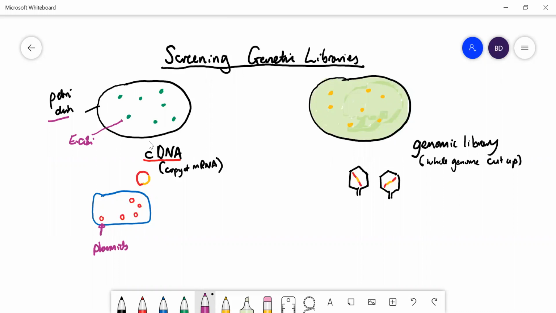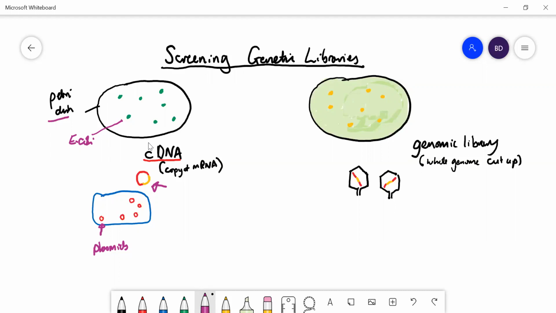There are bits of circular DNA, and on a larger scale from this plasmid, the red DNA is the plasmid DNA, and the yellow DNA is a bit of DNA that's been inserted into there. In the case of the cDNA library, cDNA stands for copy DNA.